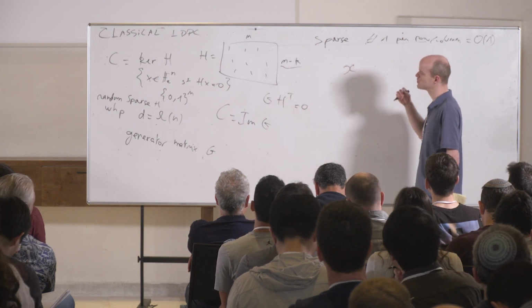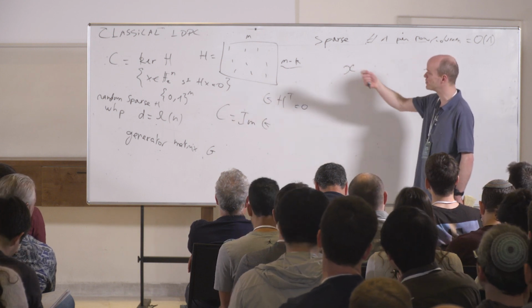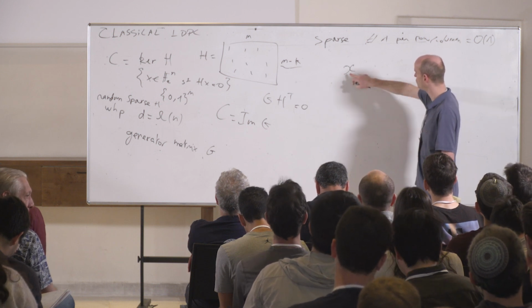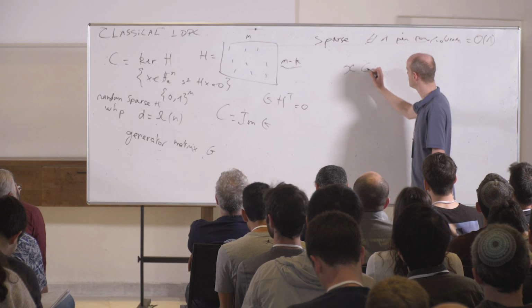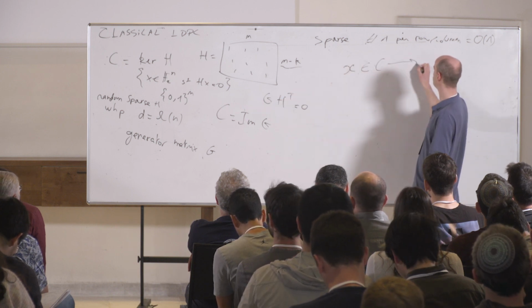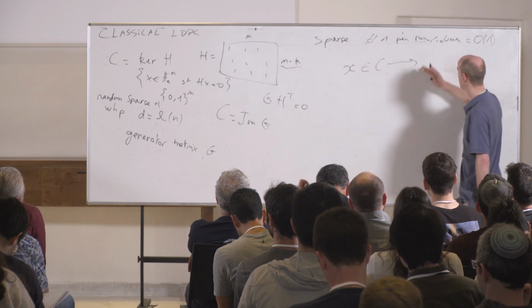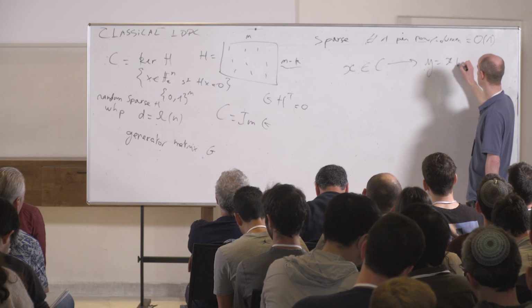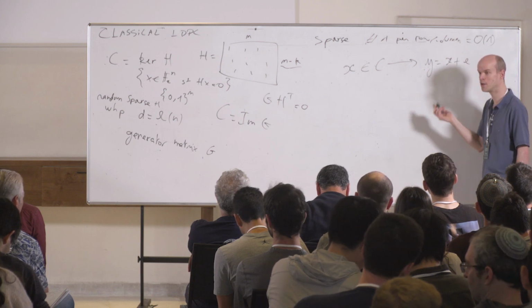Someone wants to send information on a classical channel. Alice picks a codeword X in C and sends it to Bob, and Bob receives a noisy version of X. So he receives Y equal X plus E, where E is a binary error.